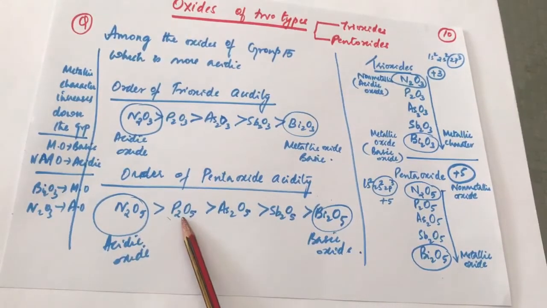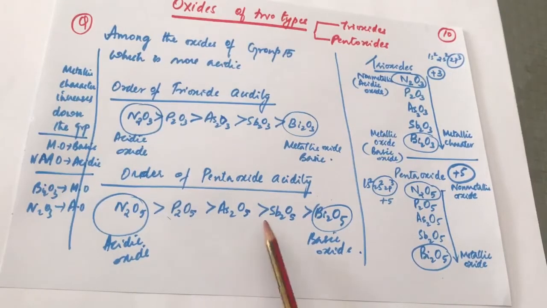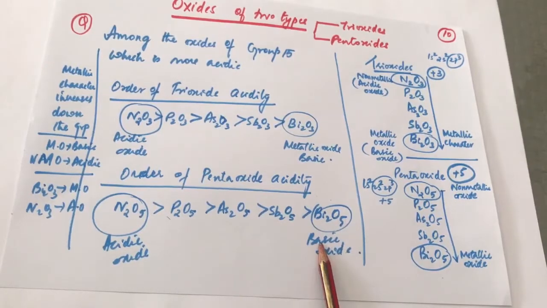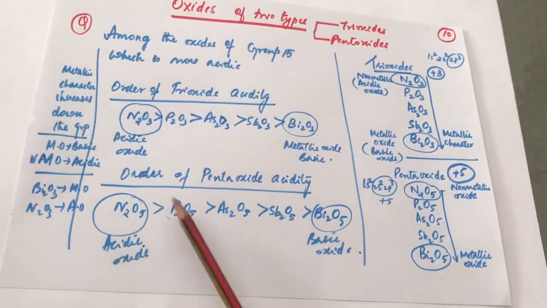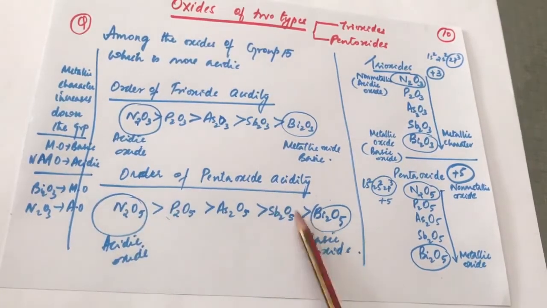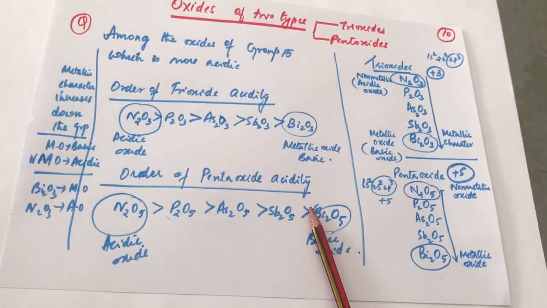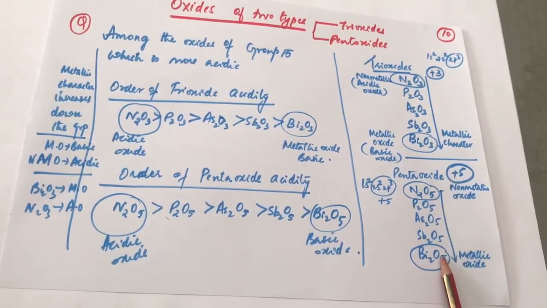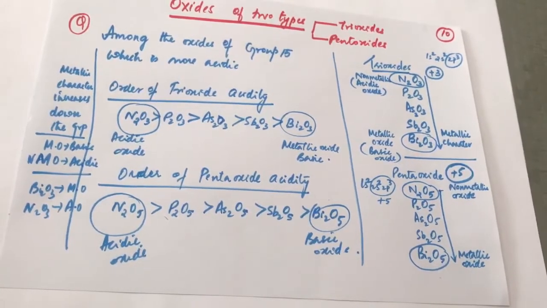N2O5 greater than P2O5 greater than As2O5 greater than Sb2O5 and bismuth oxide. So which is more acidic oxide? This one is more acidic oxide. This one is more a basic oxide. You just remember the metallic character, then you will be able to explain it very easily.